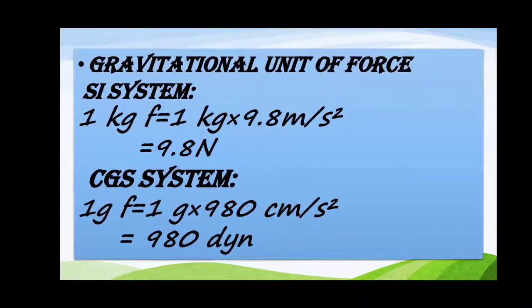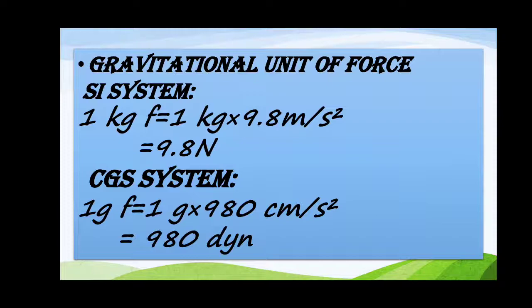Now we come to the third unit of force, that is the gravitational unit of force. And this gravitational unit of force is given as kilogram force in SI system and gram force in the CGS system. What do you mean by kilogram force? See, 1 kilogram force is the force acting on an object of mass 1 kg, which is accelerating at a rate of 9.8 meter per second square.